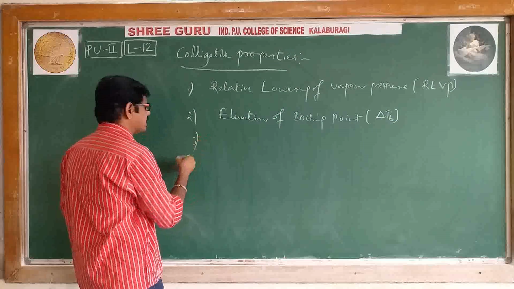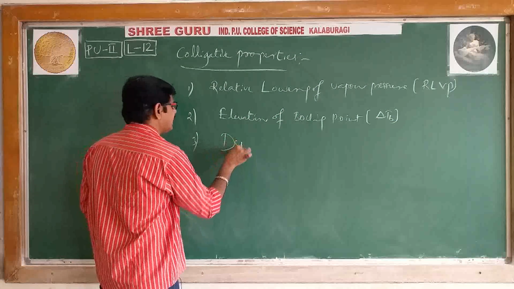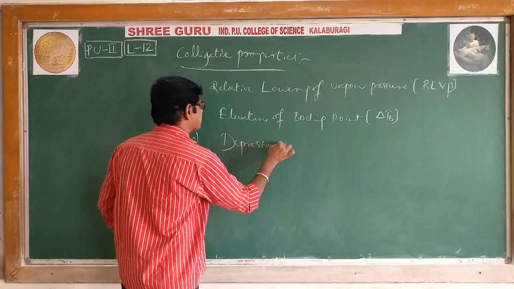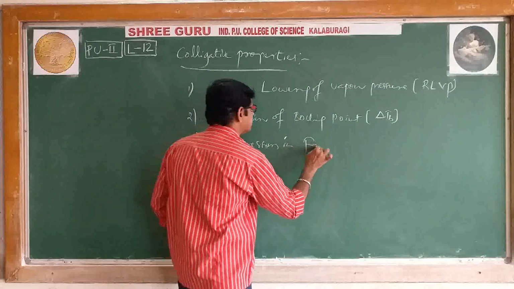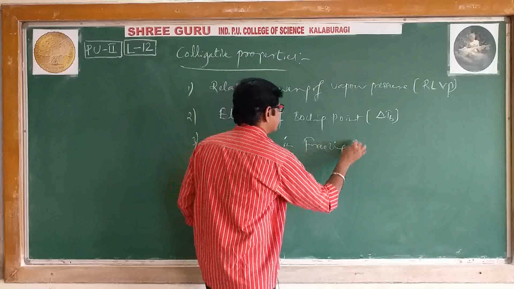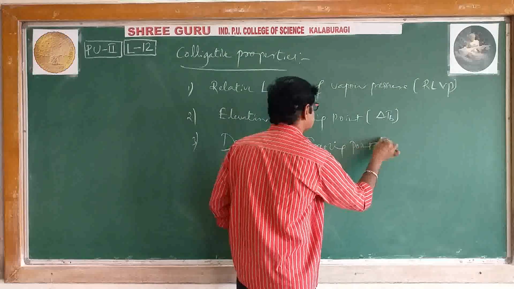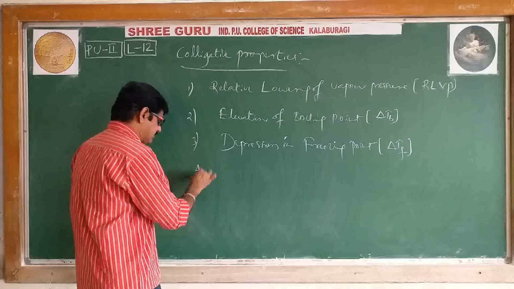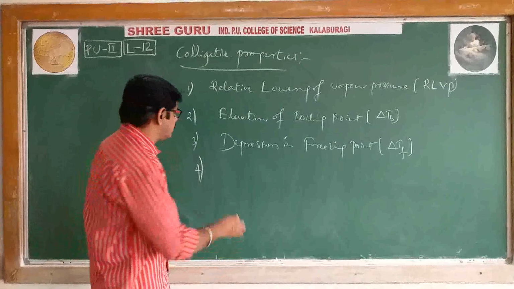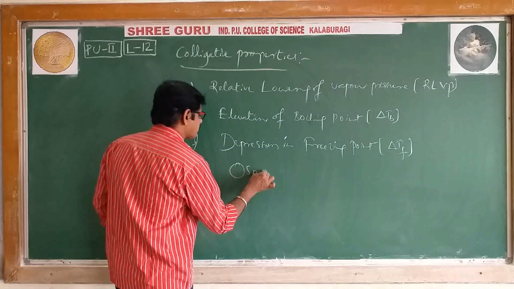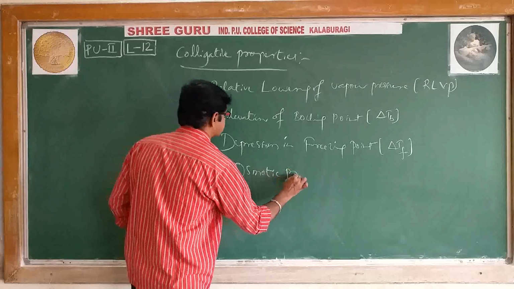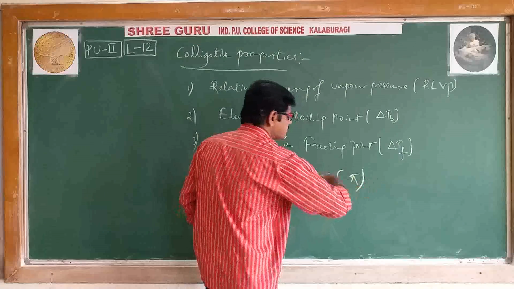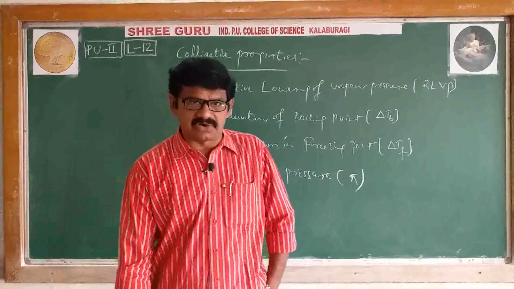Third colligative property is depression in freezing point, which is designated with delta TF. And the last and fourth colligative property is osmotic pressure, which is designated with the pi symbol. These four are the colligative properties.